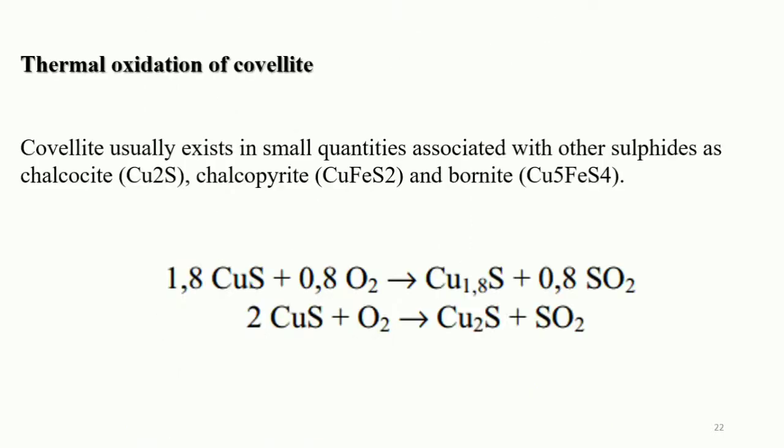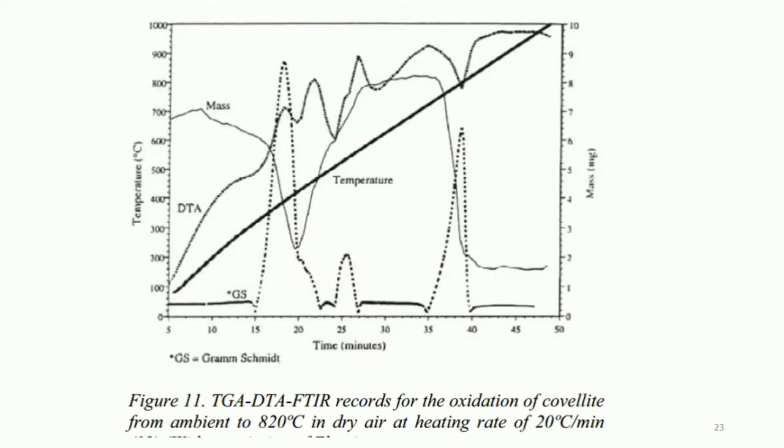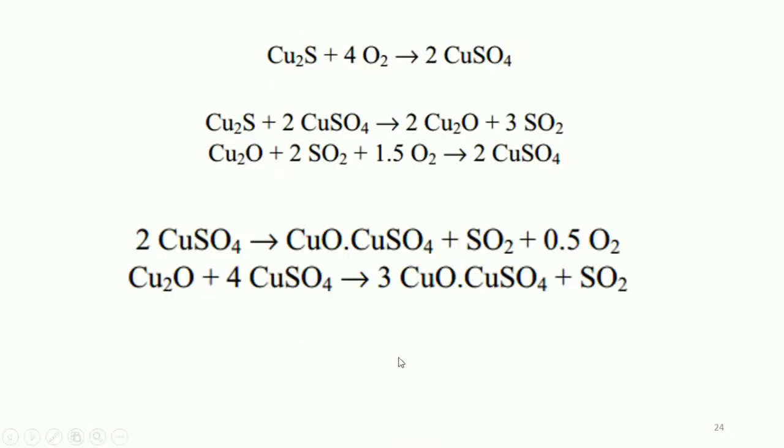We know that Cu2S is formed in the first reaction, carried out at about 330 to 420 degrees Celsius. So when we move from 420 degrees Celsius upward to about 475, the copper sulfide Cu2S reacts with oxygen and changes into copper sulfate CuSO4.